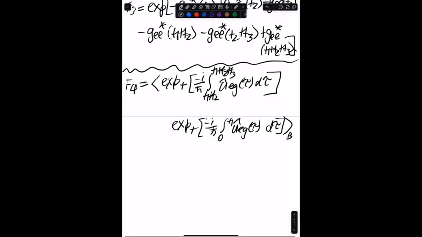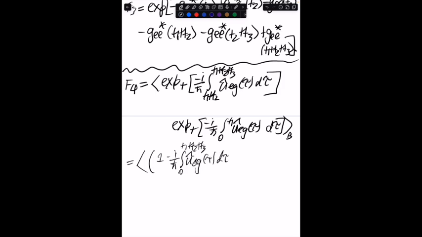So this will be approximately equal to the exponential of, okay, I have to expand it first. 1 minus i upon h bar 0 to t1 plus t2 plus t3 u eg tau d tau, and then you'll have a plus i upon h bar 0 to t1 plus t2 u eg tau d tau.